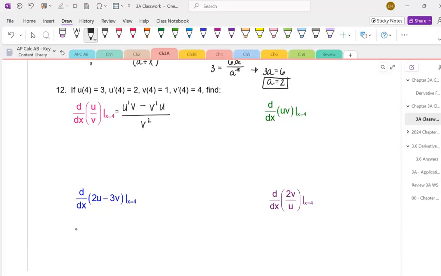So it tells us that u prime of 4 is 2 multiplied by v of 4, which is 1, minus v prime of 4 multiplied by u of 4 all over v of 4 squared, and we have our answer, which is really just 2 minus 12 over 1, which is negative 10.